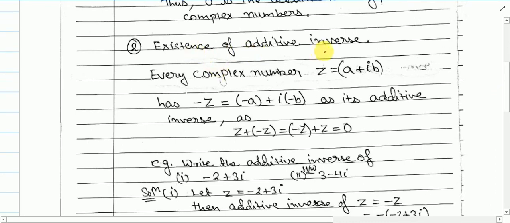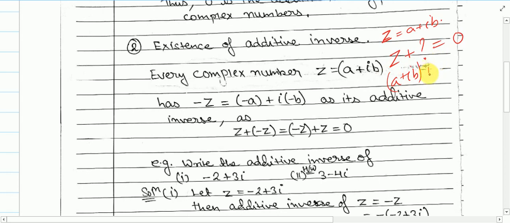Now next is existence of additive inverse. So let us consider one complex number z, let's say this is equal to a plus ib. Now what should I add to this z, so that the answer comes 0? My z is a plus ib.